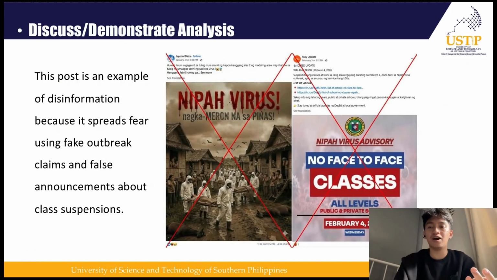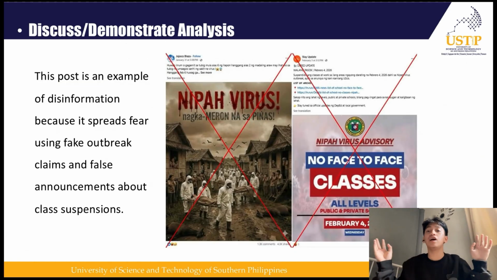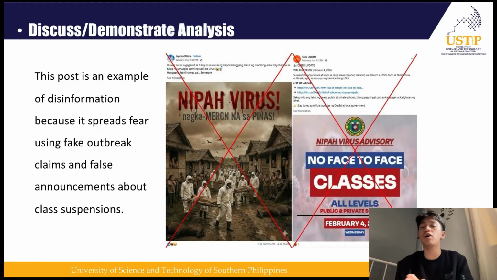Posts like this are made to cause panic and confusion, and to make people distrust official sources. When the government later says there are no class suspensions, people who saw this post might not believe them anymore. That erosion of trust is part of the goal.